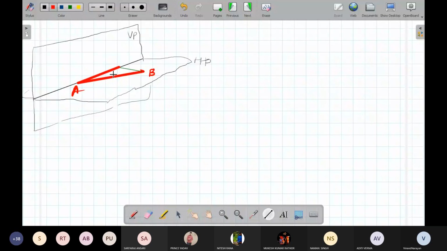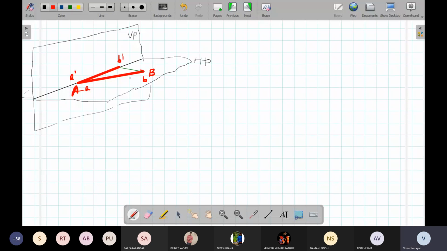So that is A dash, B dash, and AB also the same. The projection on the horizontal plane will be the same.